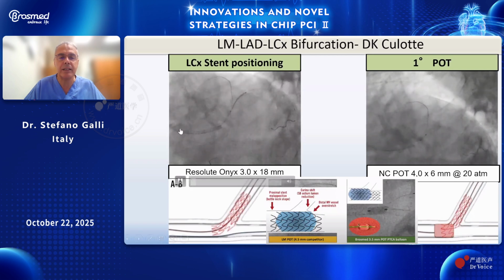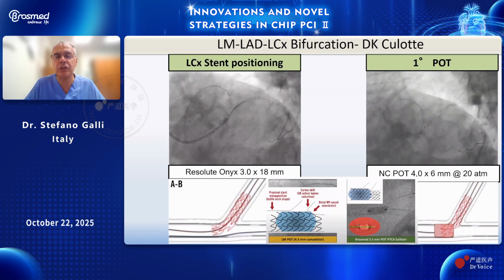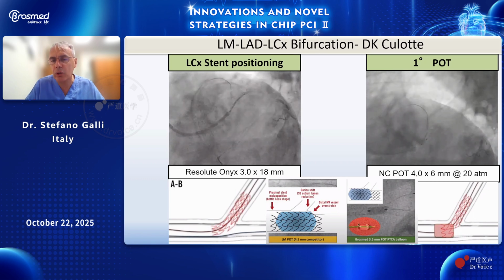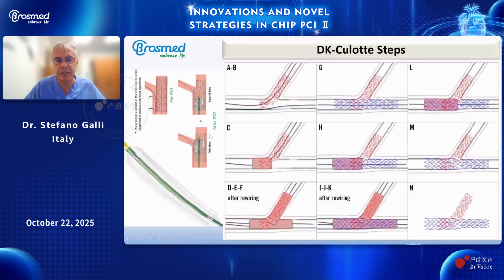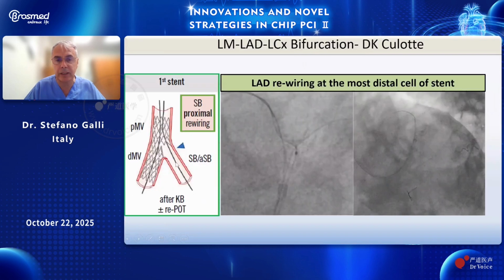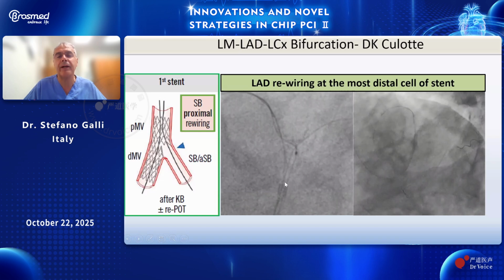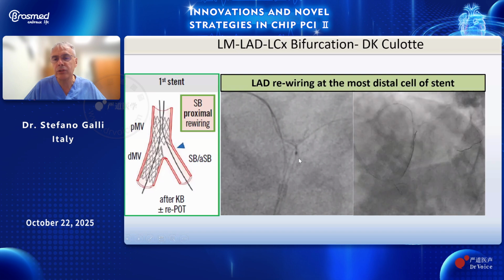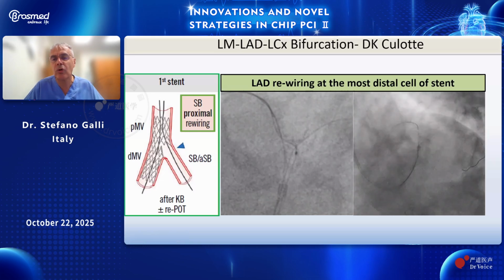This is the implantation technique in bifurcation, double kissing culotte. We put a stent, do a POT first, and then we rewire the vessel. Remember that there are a lot of passages in this technique. After POT, we recross, also with a small balloon, and then we reopen. You see very well, sometimes it's not easy, but after the POT it is easier to cross.